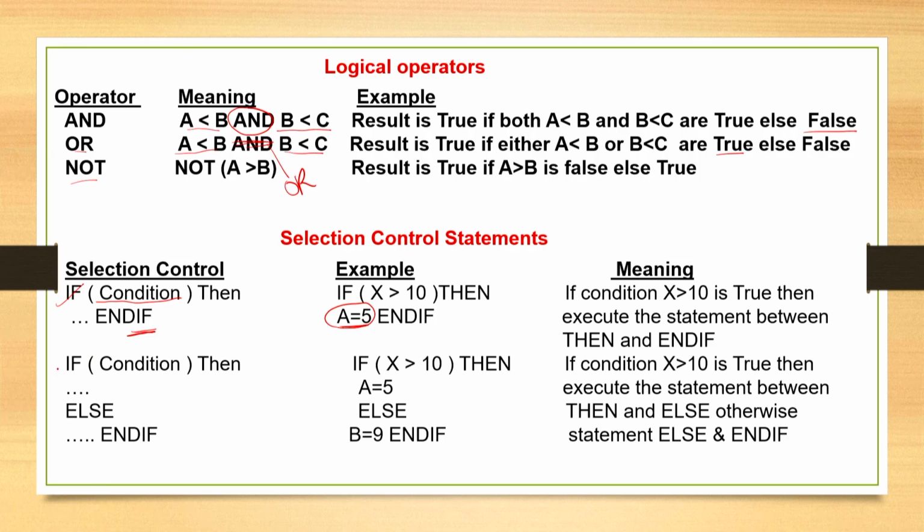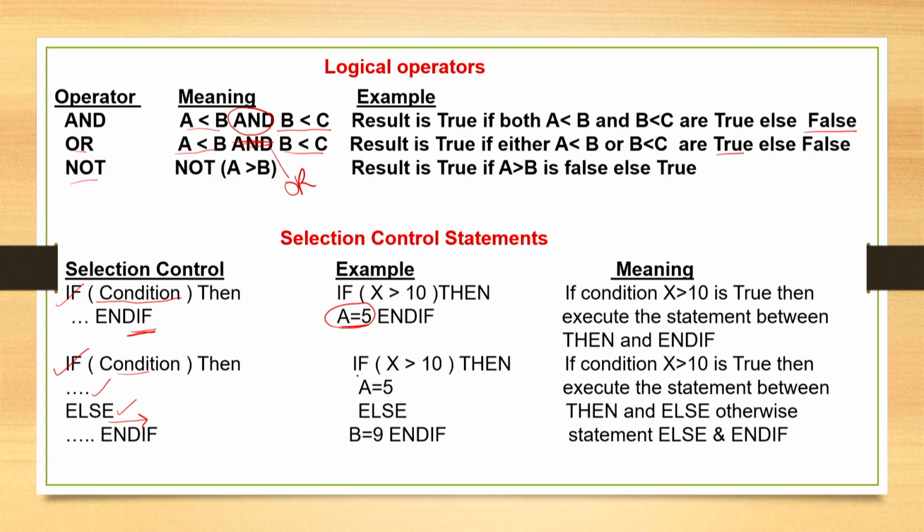If you want to check more than one condition, then you can use the if-else statements. It says if condition, then execute that. Else, whatever statement you want to execute will be put in between the else and end if.